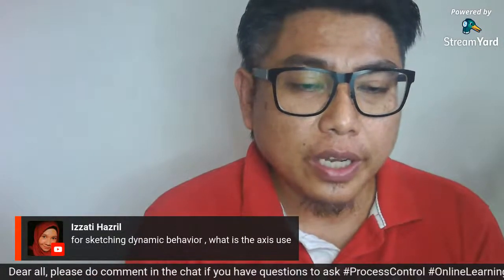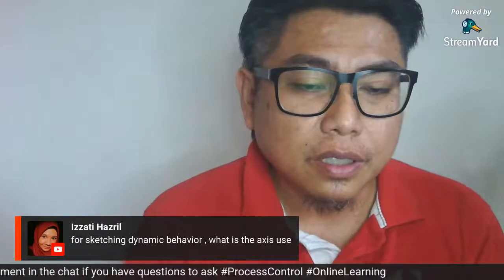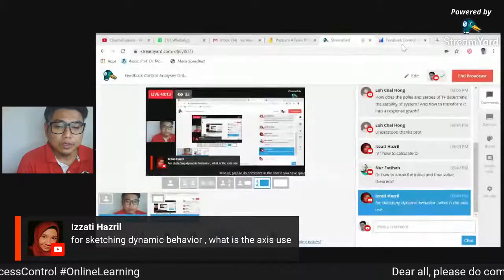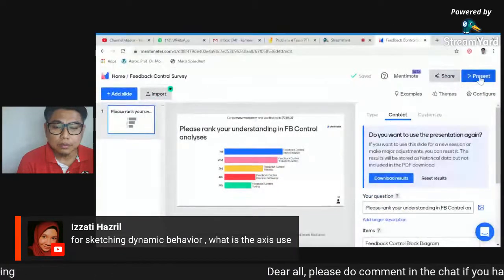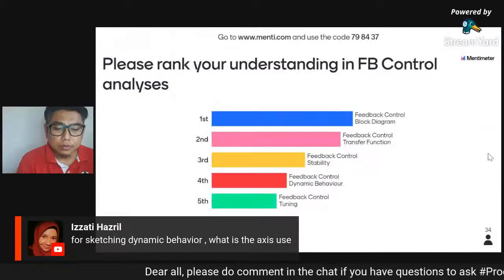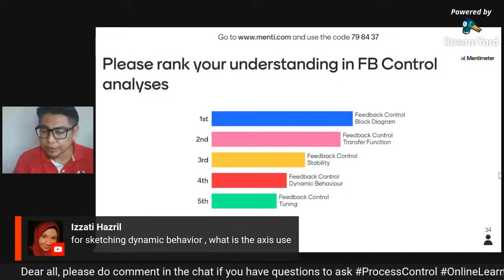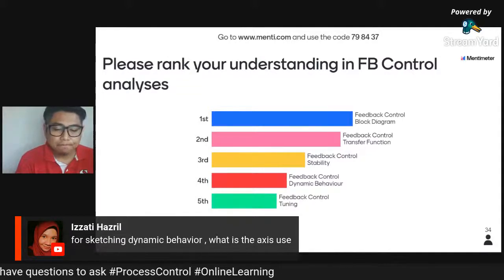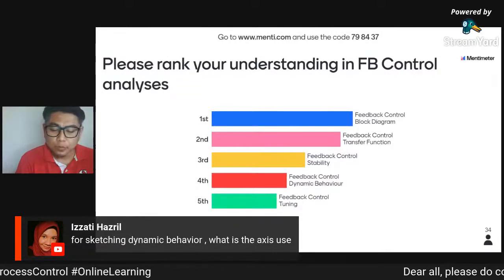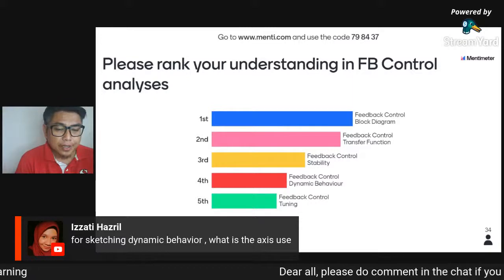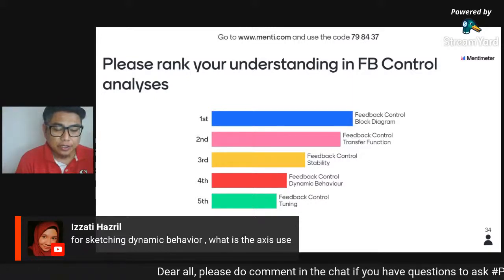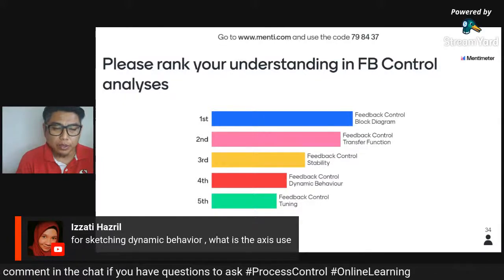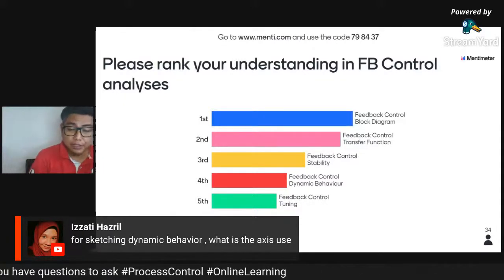Let us look at this Menti. 34 of you responded to this survey. Okay, nothing changed there. It still remains the same. Block diagram, because block diagram is very important. And then transfer function.